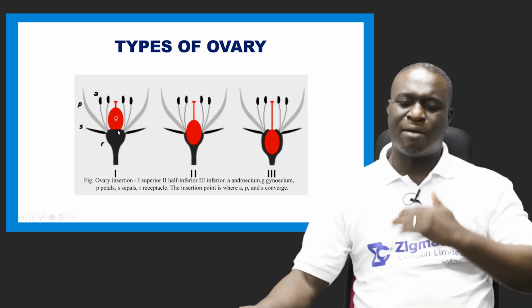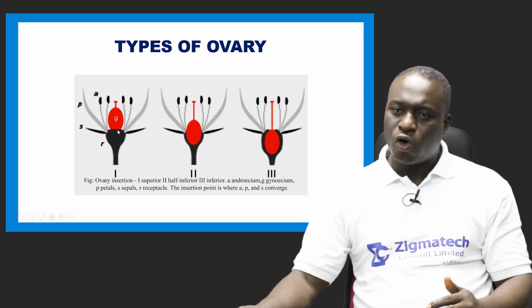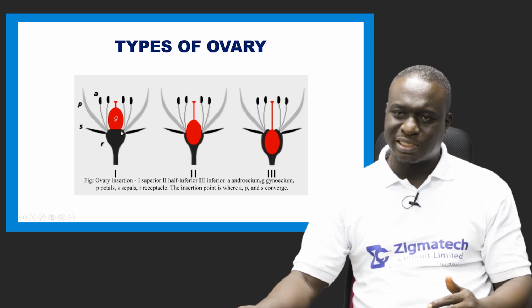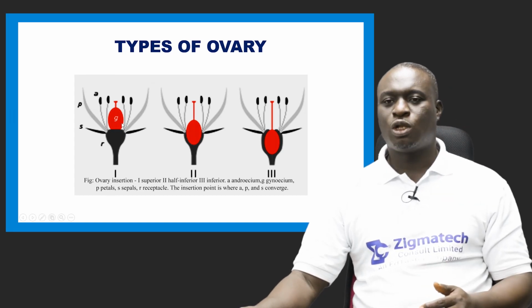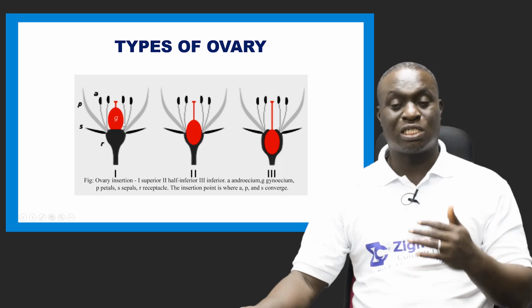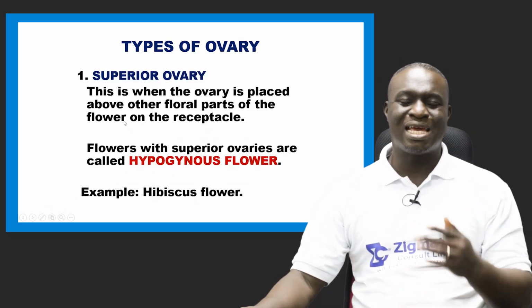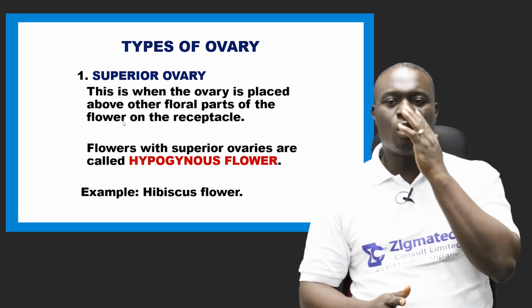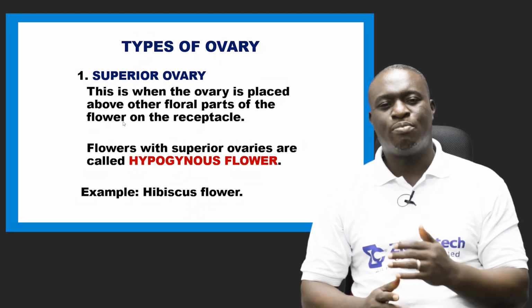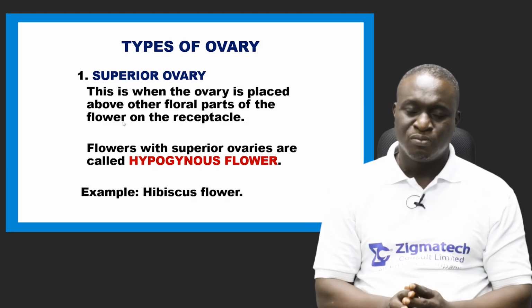It is placed above other floral parts of the flower on the receptacle. You can see all these others are beneath it, so it is above them. We say that this type of ovary is referred to as a superior ovary. Flowers with a superior ovary are called hypogynous flowers.